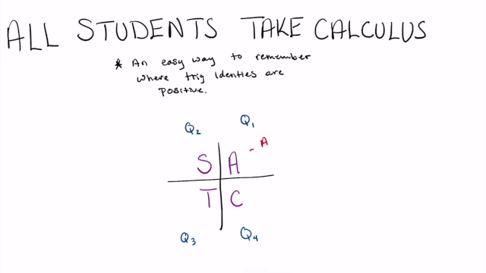The reason that I like this is because in quadrant 1, all signs are positive. So that means sine, cosine, tangent, cotangent, cosecant, secant, everything is positive in quadrant 1.